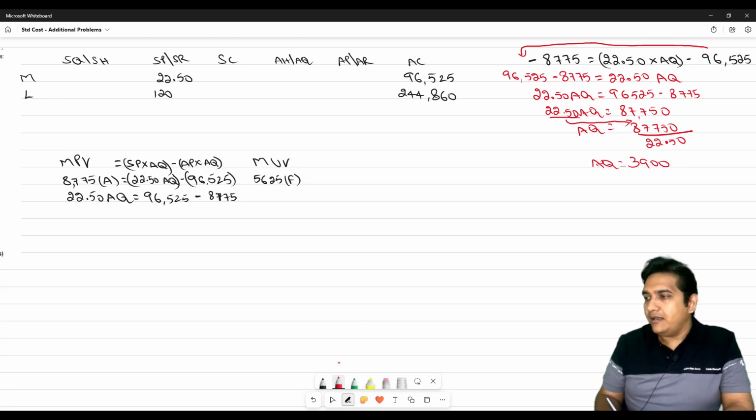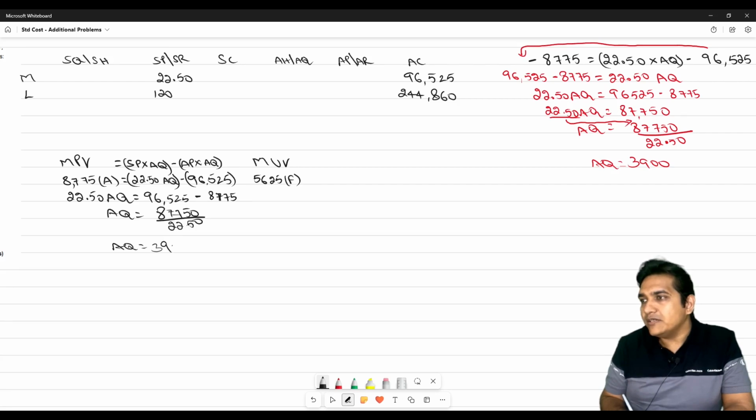But I will not do all these steps every time. I will try to skip wherever possible. So actual quantity is equal to 3,900.